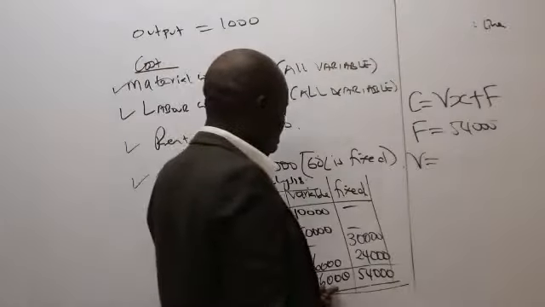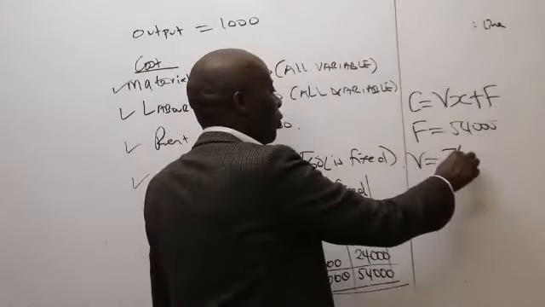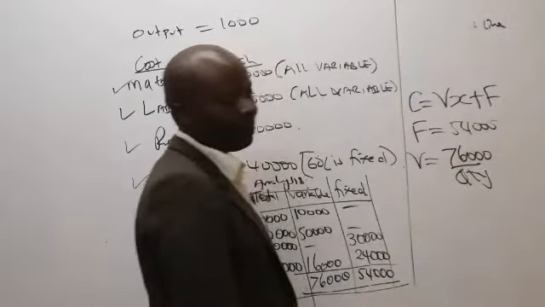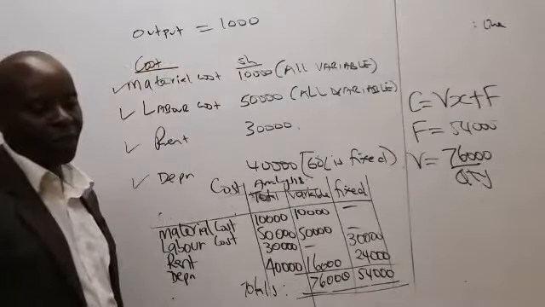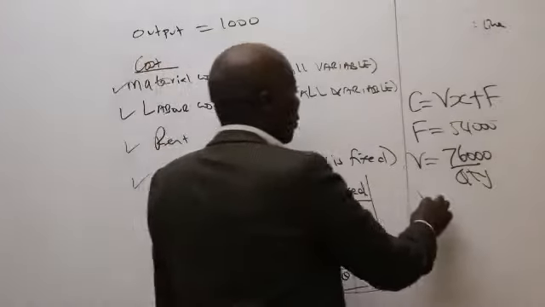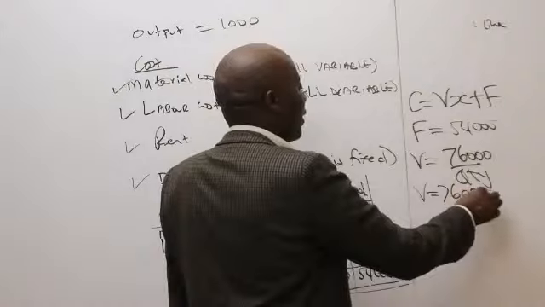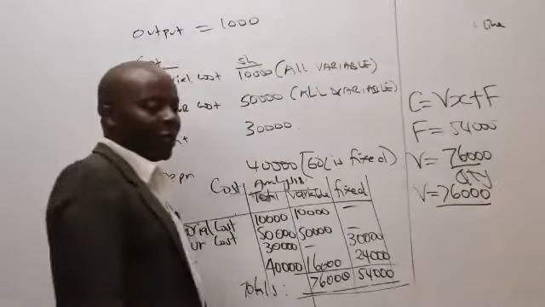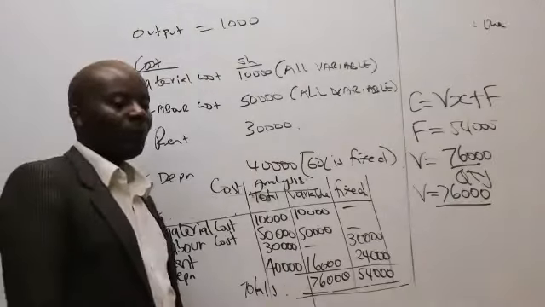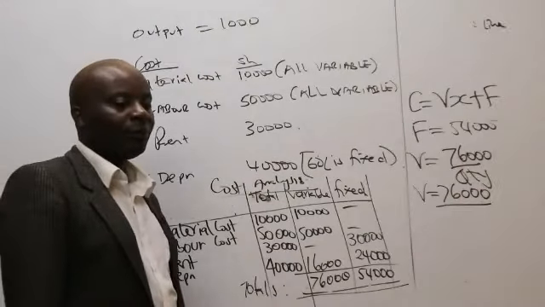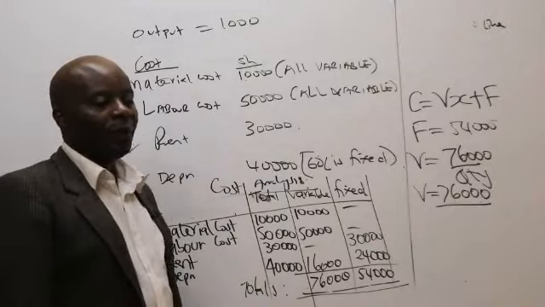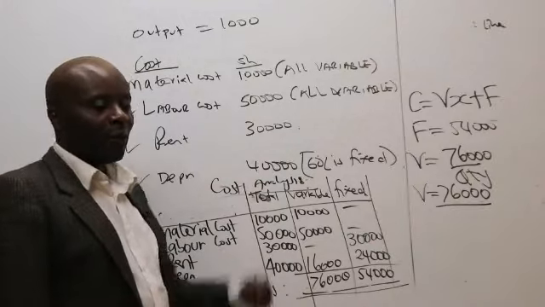So whatever total variable cost you have here, you must divide by the quantity produced. So my V will be 76,000 divided by what quantity?